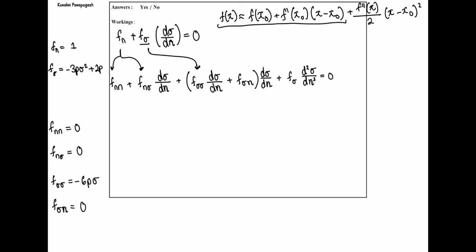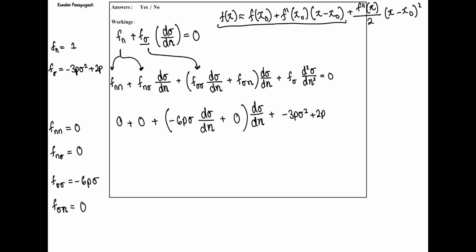So what this boils down to is 0 plus 0 plus brackets minus 6p sigma eta d sigma over d eta plus 0 d sigma over d eta plus minus 3p sigma squared plus 2p d squared sigma over d eta squared is equal to 0.